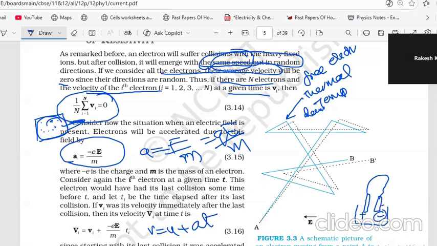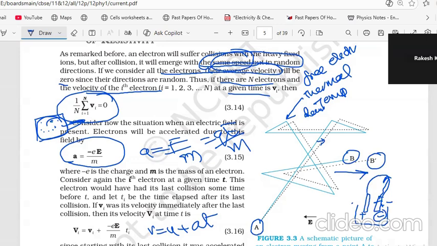The negative ions very close to the electrode start pushing this. So this starts moving. If some electron which would have started at A would have ended at B, it actually ends at B dash, because this motion is because of the electric field.